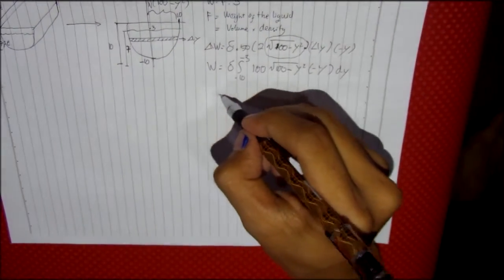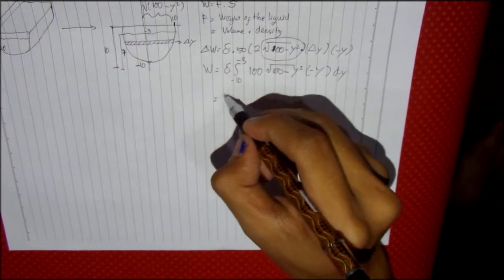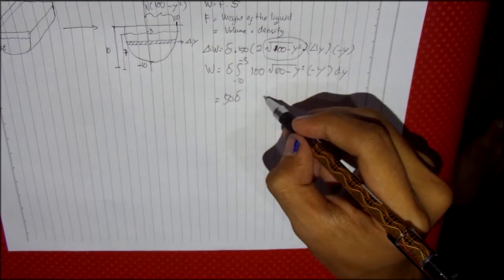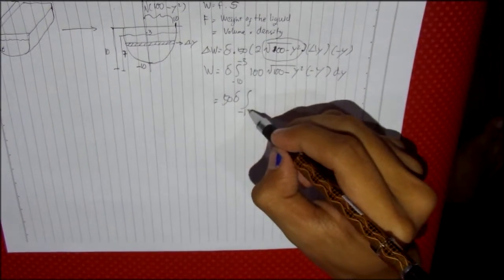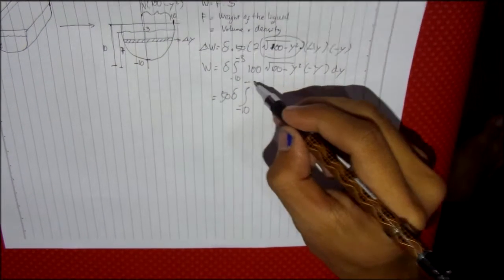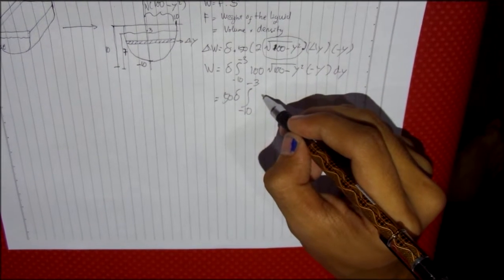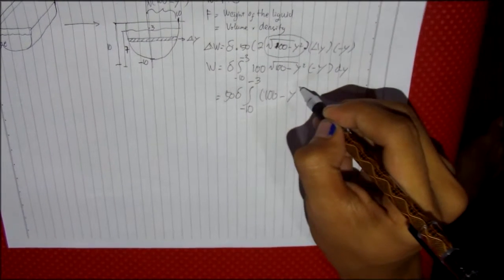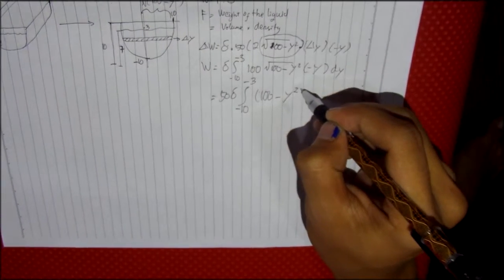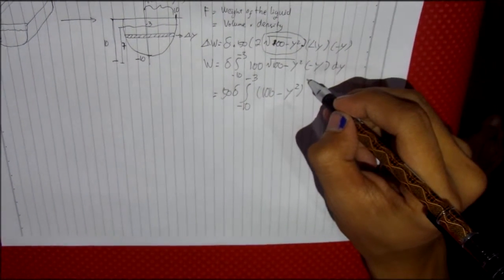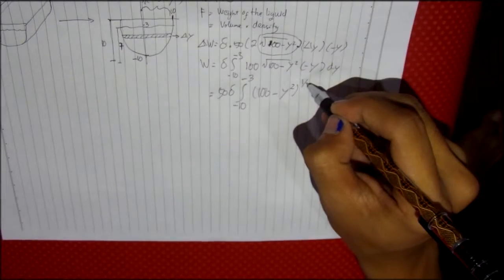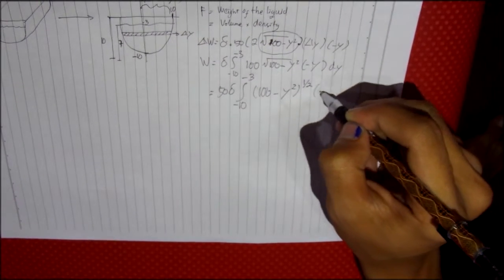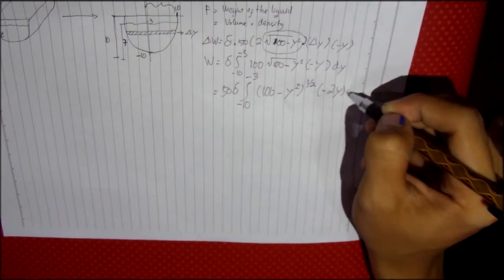So this is 15 times density, from minus 10 to minus 3, times 100 minus y square to the power of 1/2, times 2y dy.